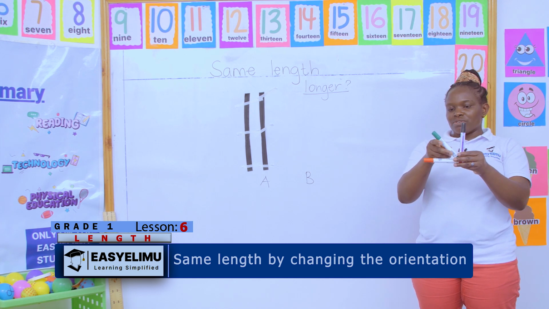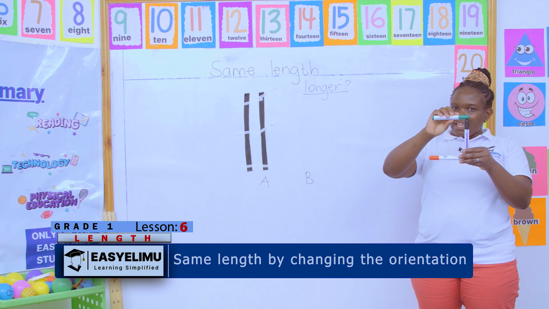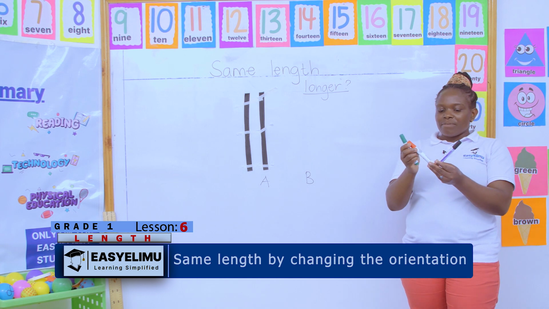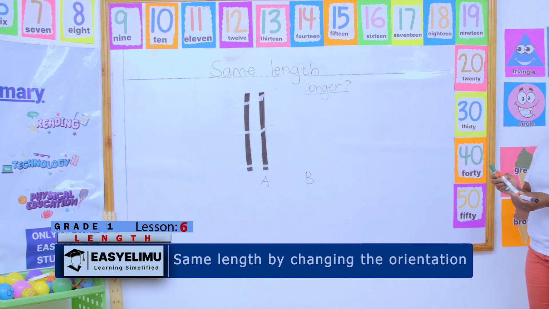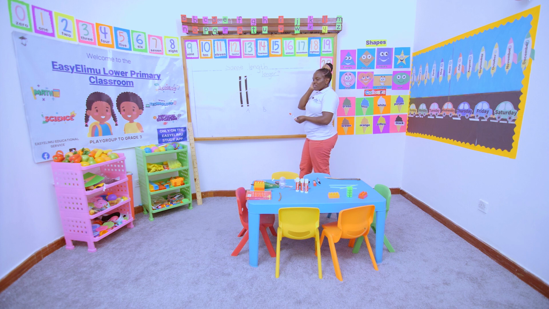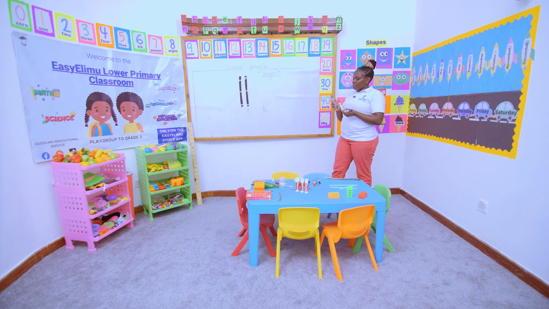Even if I decide to put this one like this, the length still remains the same. So, does the direction of something affect its length? It does not affect its length. The orientation, the shape, the direction does not affect the length of an object.